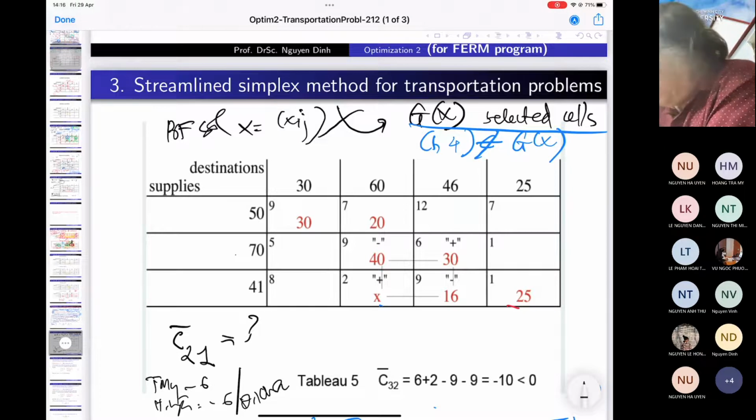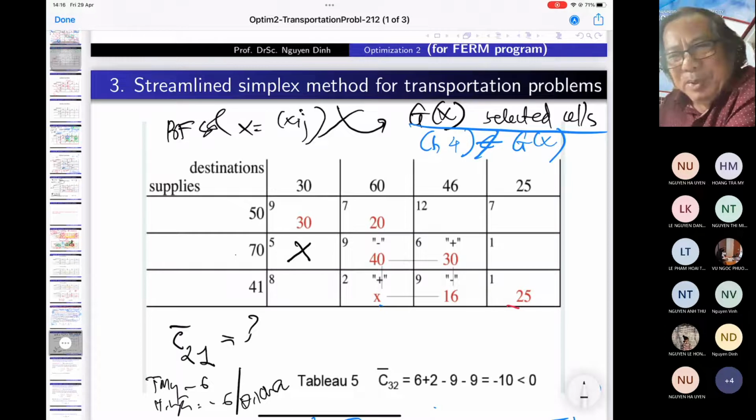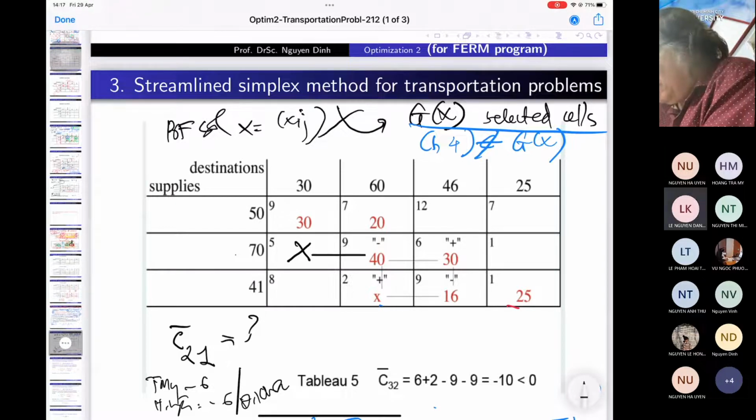2, 1 is here. Is that okay? Can you tell me what the cycle is? The cycle includes what? 2, 1, and then 2, 2. And then 2, 3? No, not correct. 1, 3?